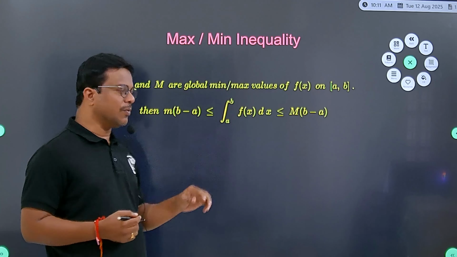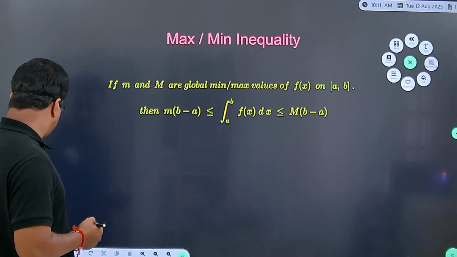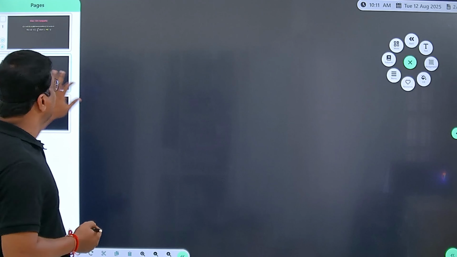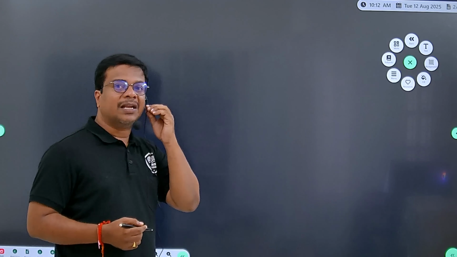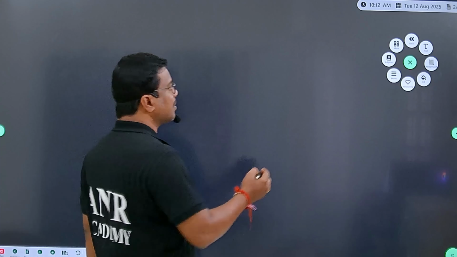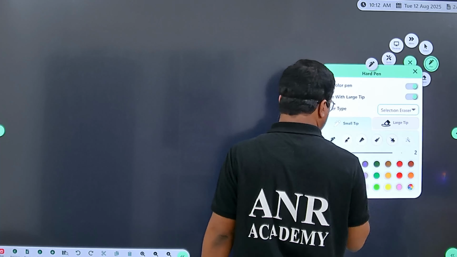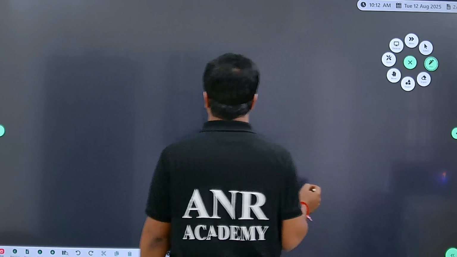Let us discuss the proof. Given that the function is defined on the closed boundary a to b, let us draw a figure.